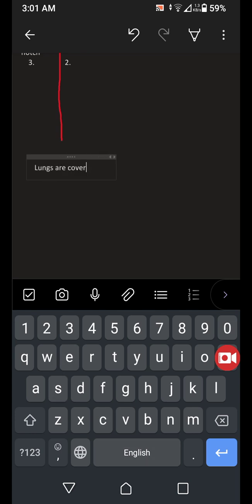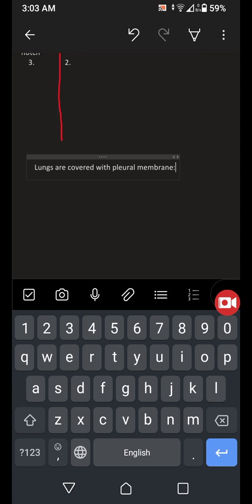Then, lungs are covered with a membrane that is known as pleural membrane.